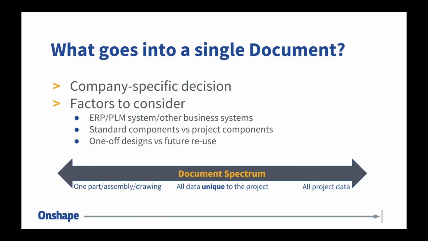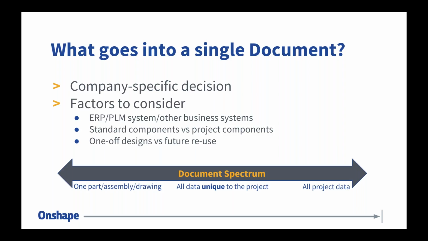That's the general consensus. And again, this is just driven by our use of it and other users. Here's how they find structuring the data is most common. Right now, you also have the other end of the spectrum, and that is every single part or assembly. One part assembly, one drawing is all in the same document, and that's kind of the other extreme.